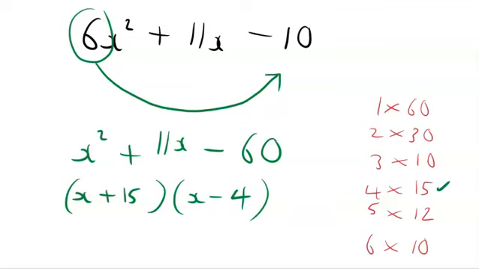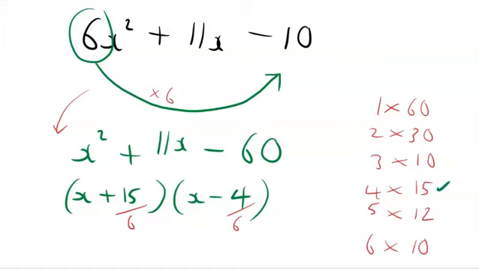Now, next step, again a bit strange, what you do is you will divide this by 6 and divide this by 6. Here you times by 6 to get this particular function. Now we divide by 6.